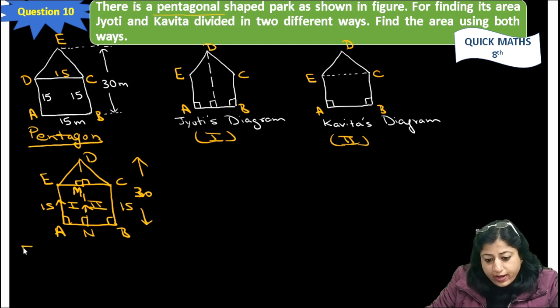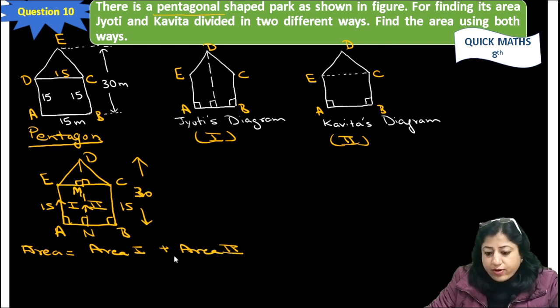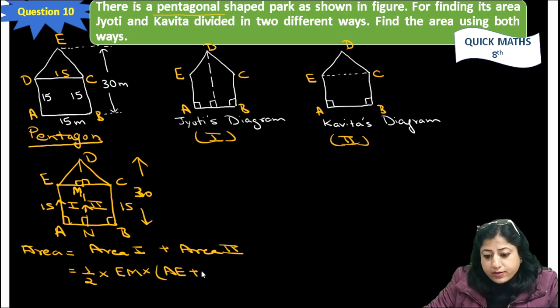So area equals area first plus area second. Both are trapeziums. Area first is half into the height EM, the perpendicular distance, multiplied by AE plus DN.